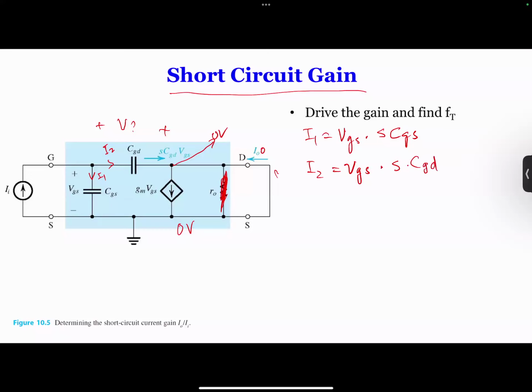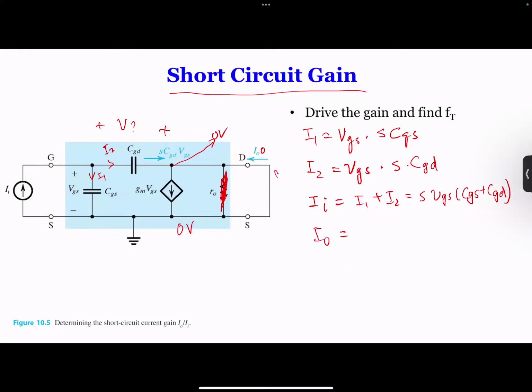Okay, that's great. Now let's look at what the input current is. It's I1 plus I2, so we can get the S out and the VGS out, and we get CGS plus CGD.